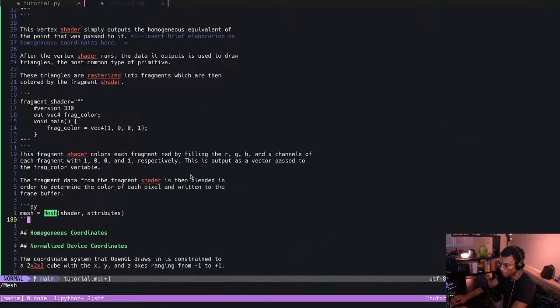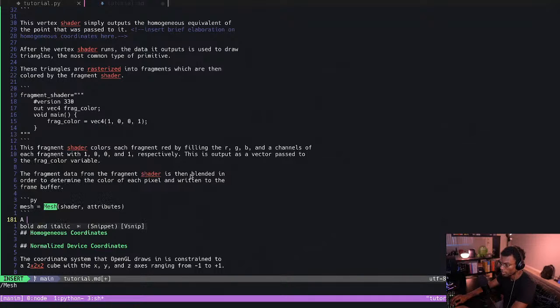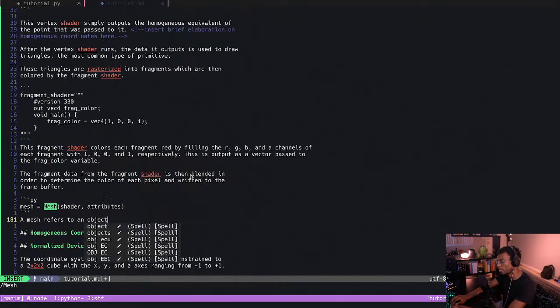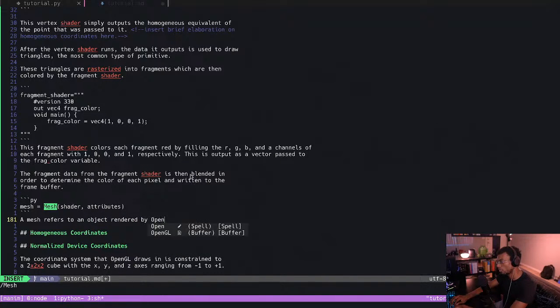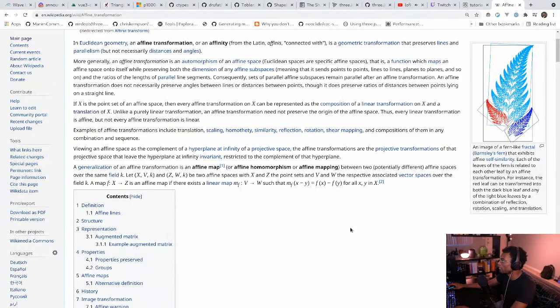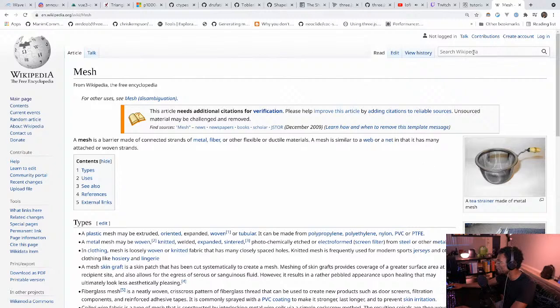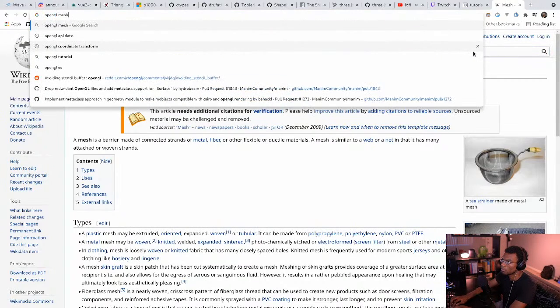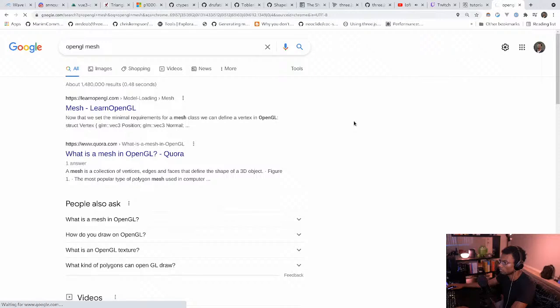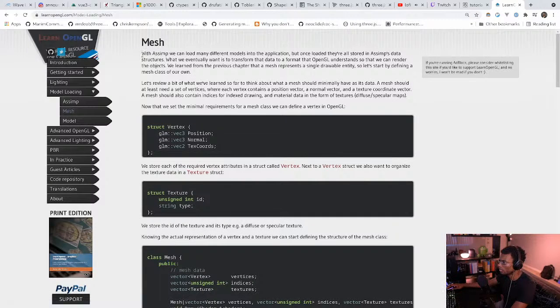I'll say a mesh refers to an object in OpenGL. I don't know if this is a technical term or anything, but I'll say it for the purposes of this lesson. I don't know for sure. If I just search up mesh, that was a Quora question.